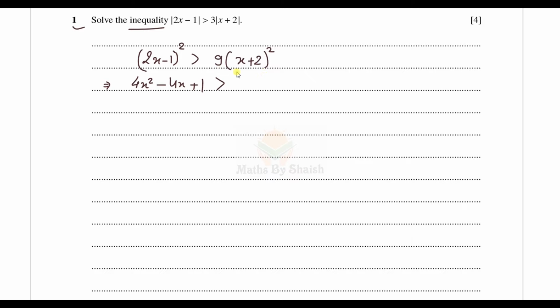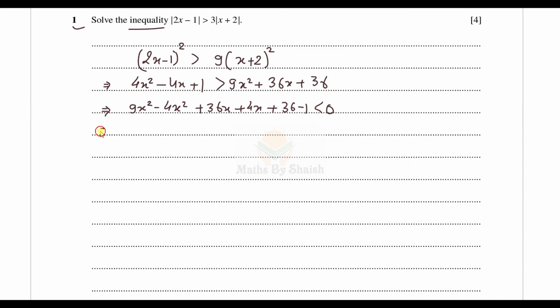So we'll multiply by 9 and you'll get 9x square plus 36x plus 36. Now we'll transfer everything to the right hand side and we will get 9x square minus 4x square plus 36x plus 4x plus 36 minus 1, and now this is less than 0.